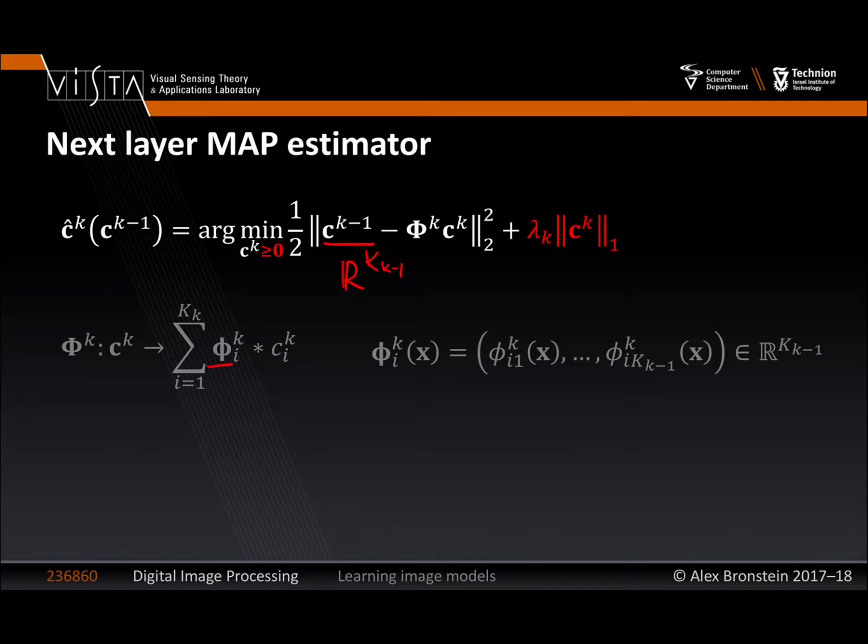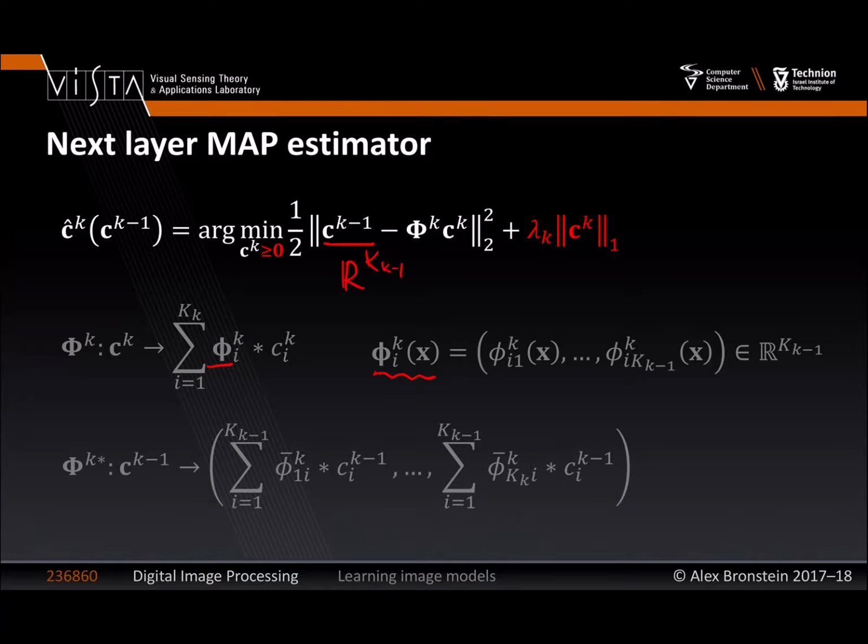This is the dimension of these coefficients because they are used to synthesize in the dictionary of the previous layer and then in the previous layer and so on until we get to a scalar valued dictionary phi 1, and with that we synthesize the observation y. So every dictionary atom here is a k minus 1 dimensional function, okay?